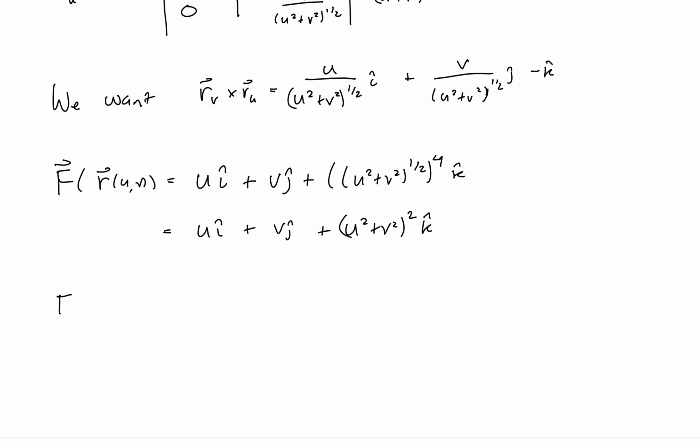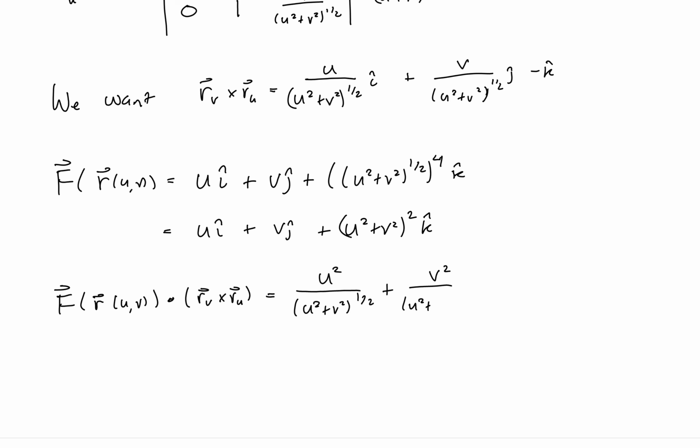Now we can take the dot product. I like to do all these calculations separately before I put them in the integral. Saves a little bit of writing, so we don't have to write the integral over and over again as we're doing the calculation. So this becomes u squared over (u squared plus v squared) to the 1/2 plus v squared over (u squared plus v squared) to the 1/2, and then minus (u squared plus v squared) squared.